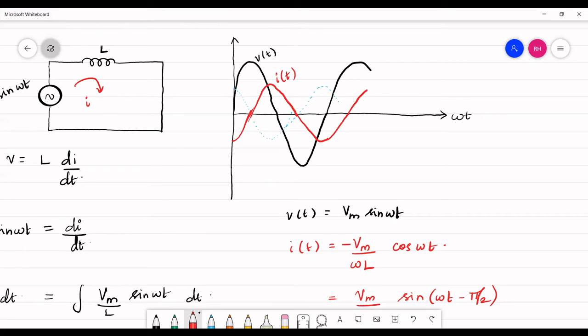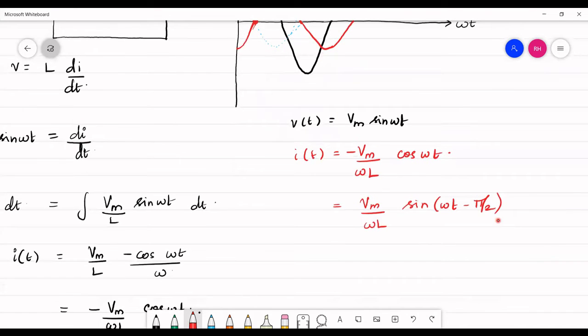Here we write the waveform as sine omega t minus pi by 2, because the sine waveform starts after crossing an angle of pi by 2. So it is minus pi by 2.